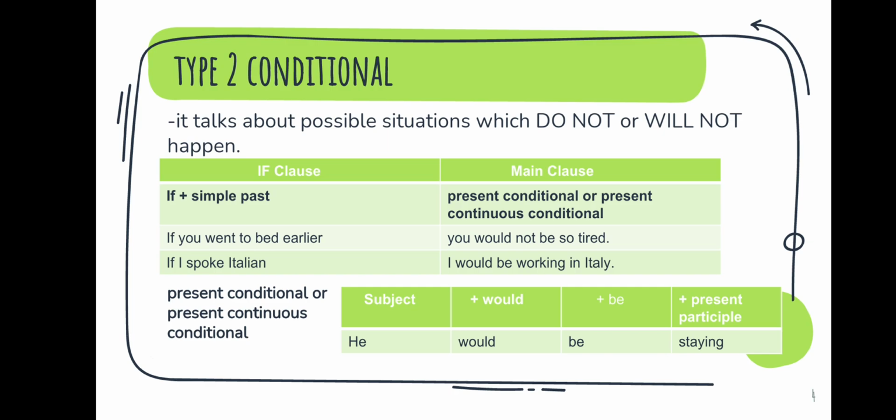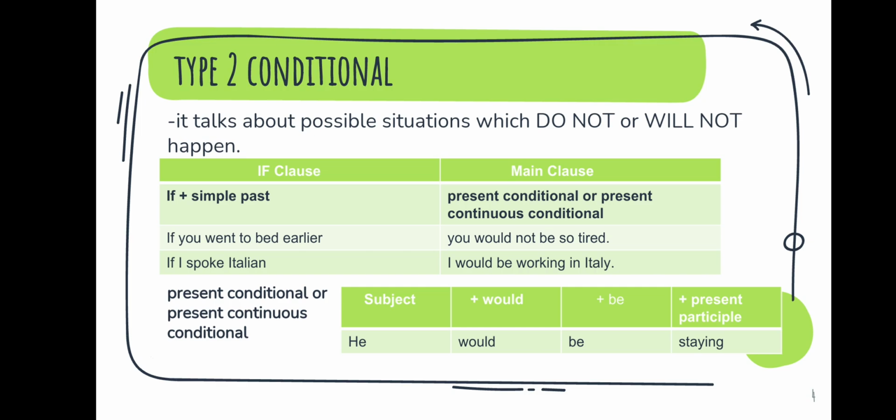Type 2 conditional is used to refer to a time that is now or any time, and a situation that is unreal. These sentences are not based on a fact. The type 2 conditional is used to refer to a hypothetical condition and its probable results.